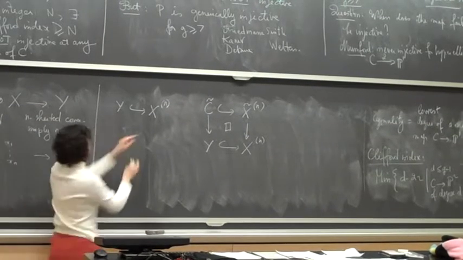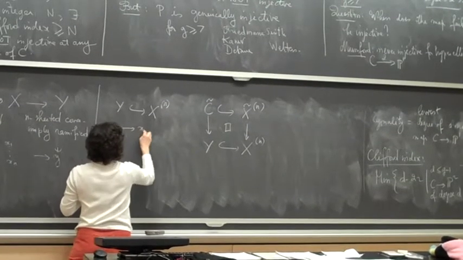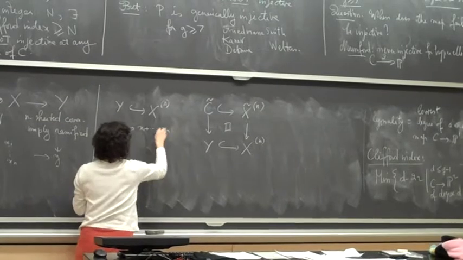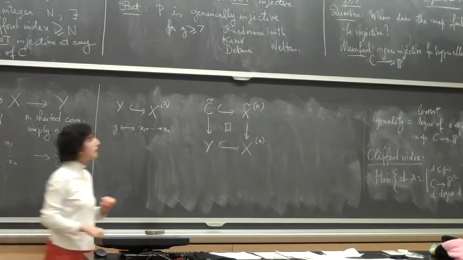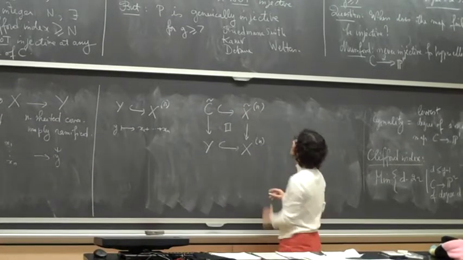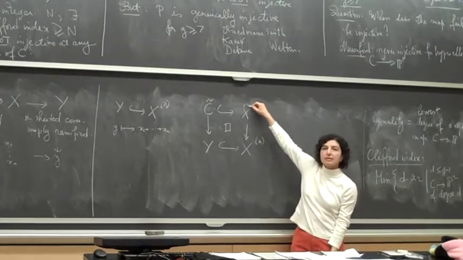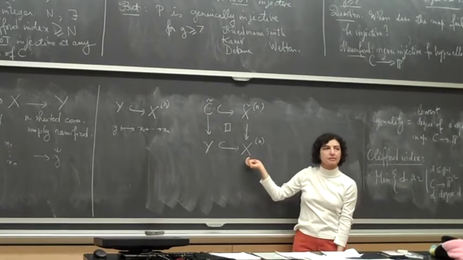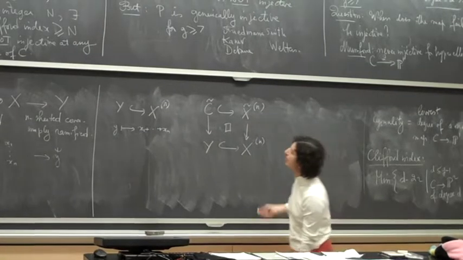This map sends little y to x1 plus ... plus xn. When I take the inverse image, I'm taking n points in X tilde that map to those n points in X.